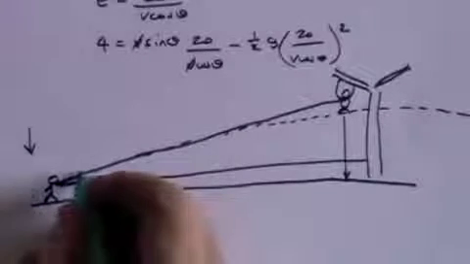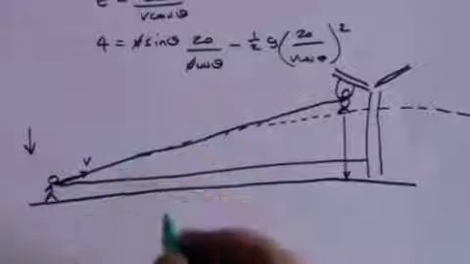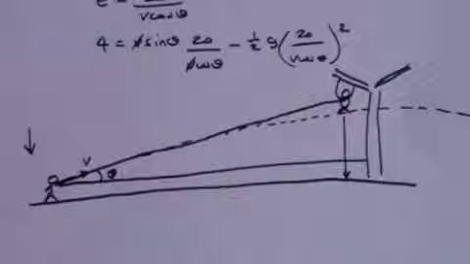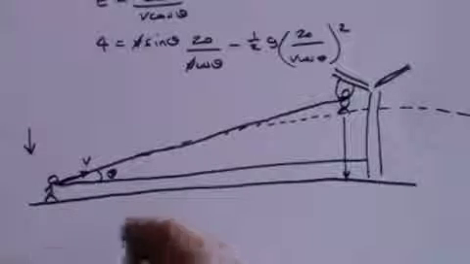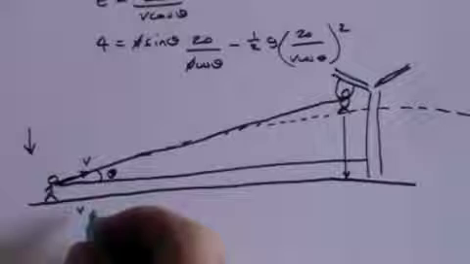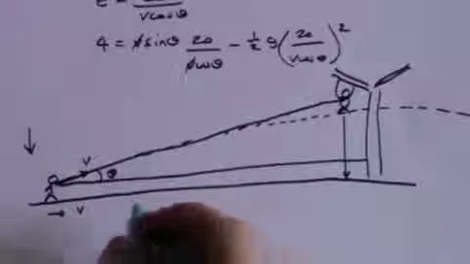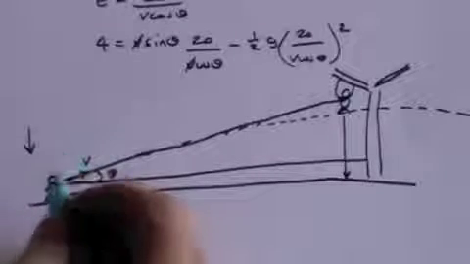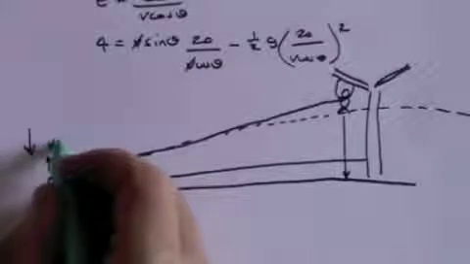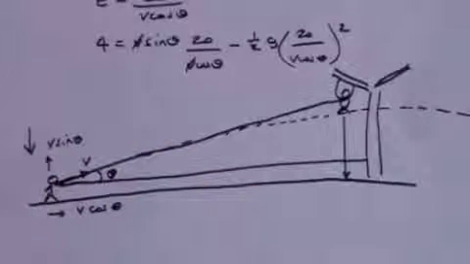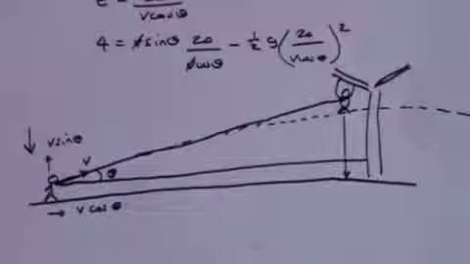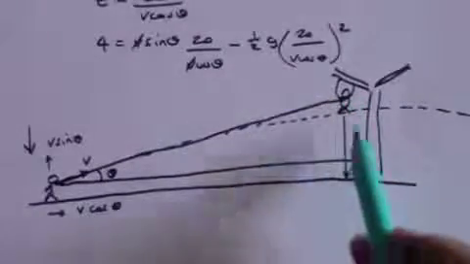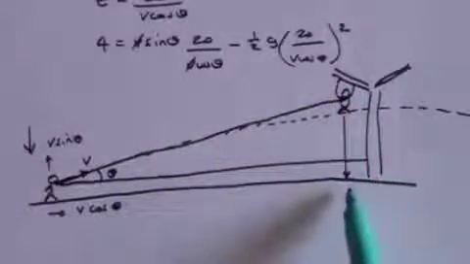We can say that the bullet came out of the gun at a velocity v and it was fired at an angle theta. So straight away you know that you can resolve these into a horizontal component, which is v cosine theta, and a vertical component, which is v sine theta. We do that every single time. And when the bullet reaches the line down which the monkey is falling, the monkey of course will fall vertically.